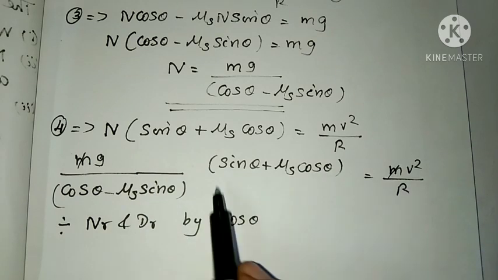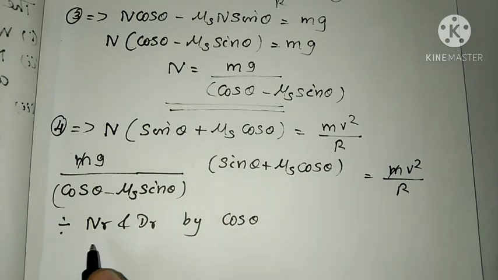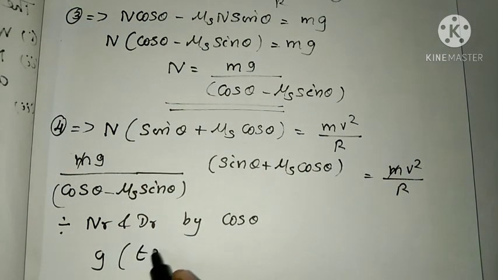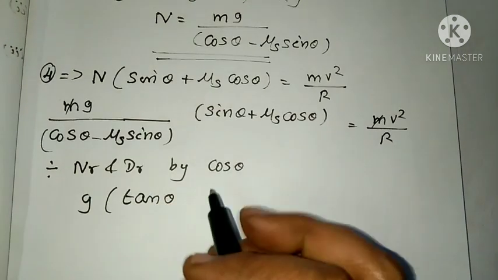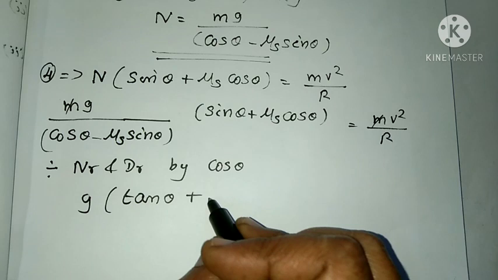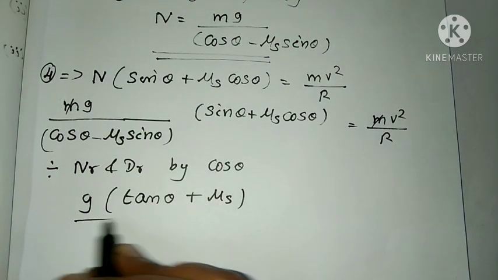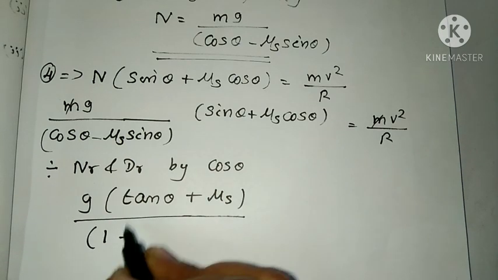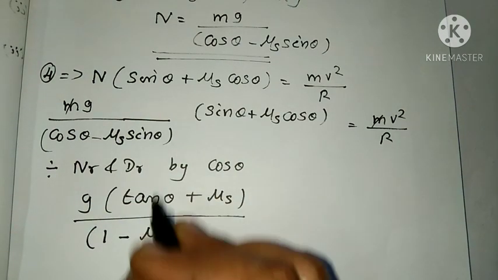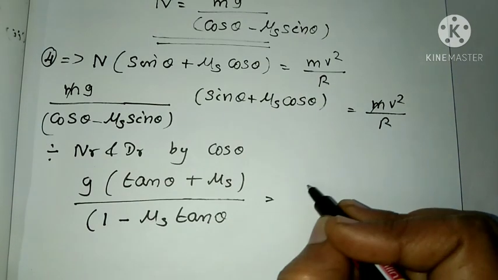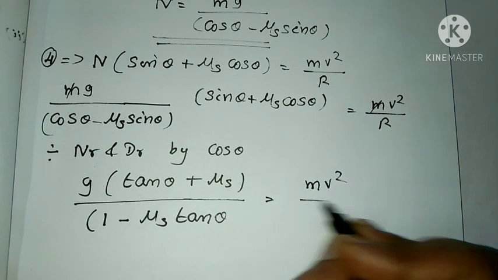So the numerator becomes g into sin theta by cos theta, that is tan theta, plus mu s cos theta by cos theta, that is mu s, divided by, in the denominator, cos theta by cos theta, that is 1, minus mu s sin theta by cos theta, that is tan theta, equal to v square by r.